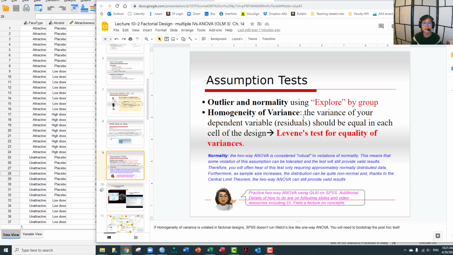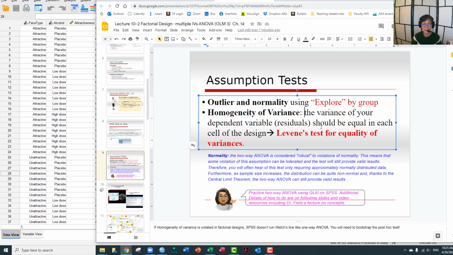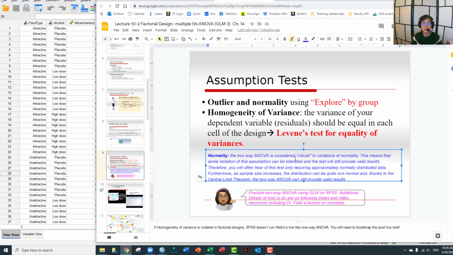Then homogeneity of variance comes out with ANOVA, so we'll do that through the ANOVA analysis. And in terms of normality, read this statement very closely. If it is violated slightly, ANOVA is robust enough to continue with slightly non-normal data. So that's what they're talking about.